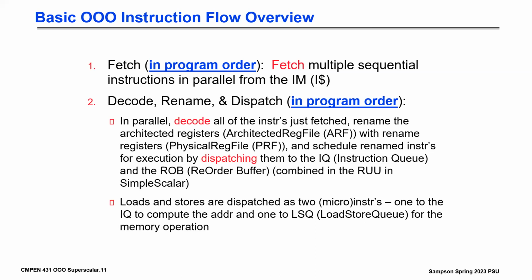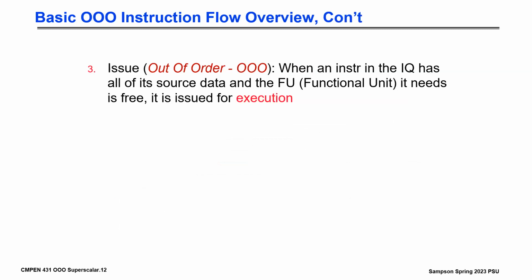I don't know where. So we're going to need some additional hardware to resolve dependencies that are still arising, right, that need to be checked for dynamically as we execute, because we aren't able to understand whether or not they will actually represent a hazard or not. So new hardware. Load store queue.